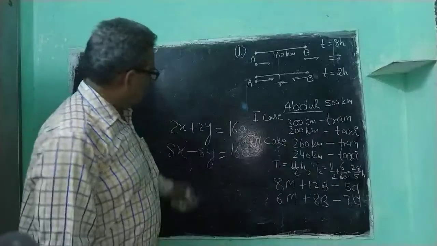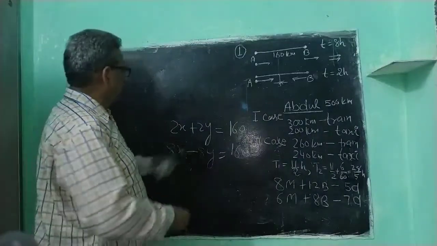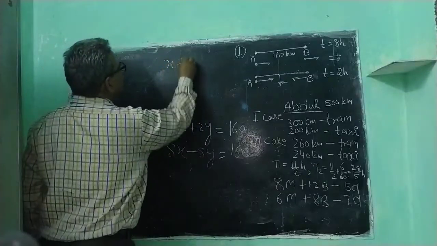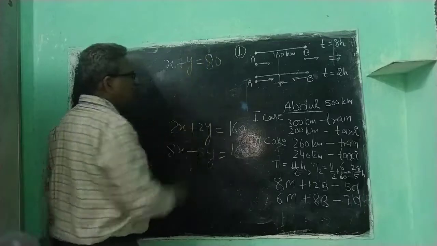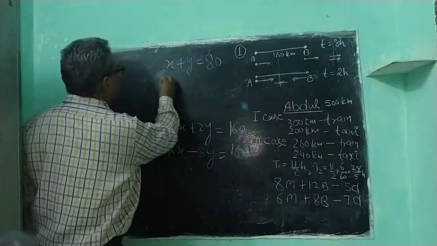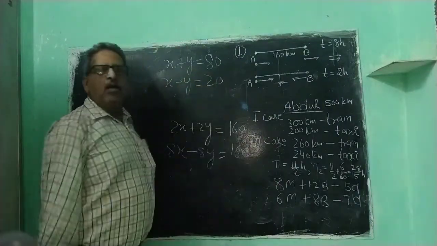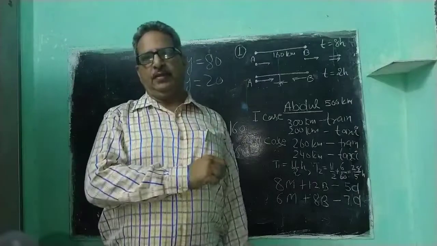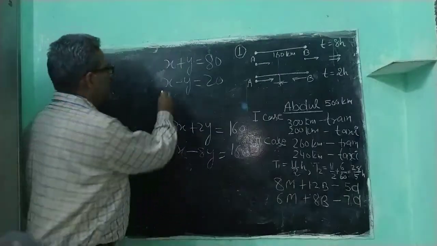To solve these two equations, from here we simply get x plus y is equal to 80 on dividing by 2. Here we get x minus y is equal to 20 on dividing by 8. Now it is quite simple to solve further.